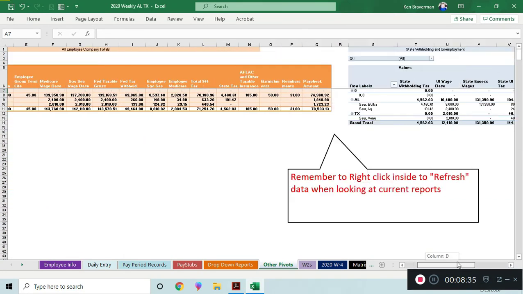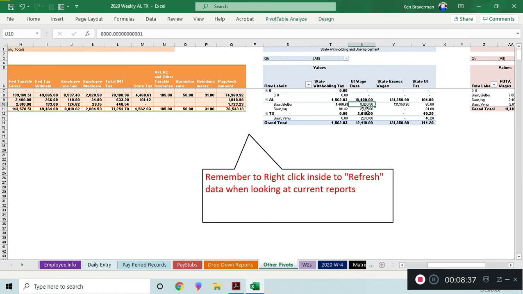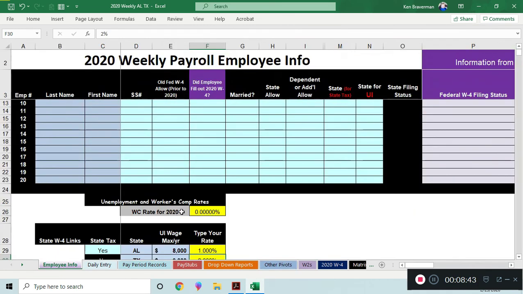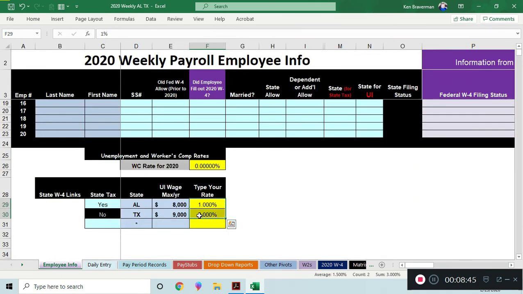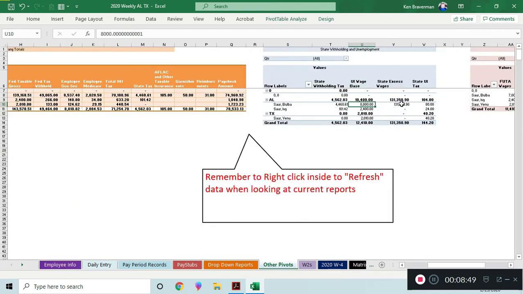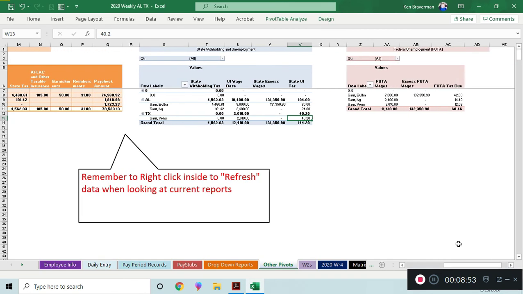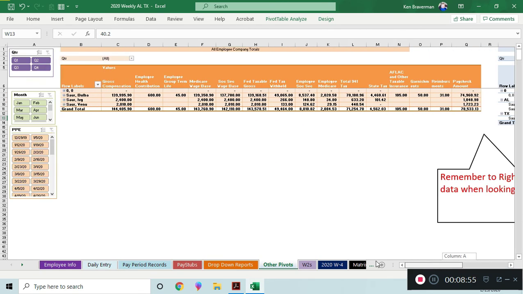And also over to the right, you'll have state withholding for unemployment as well. When you put your unemployment rates in on the first employee info sheet down here, it's going to automatically calculate what your unemployment is due for each quarter so that you can file. And the same thing for federal unemployment over there.